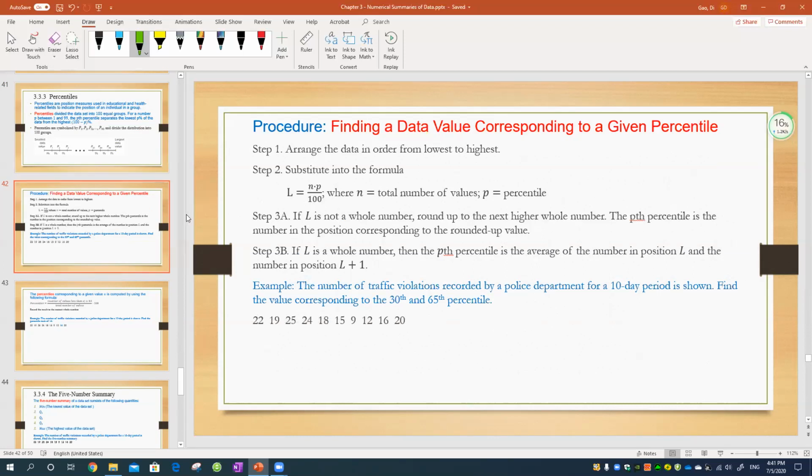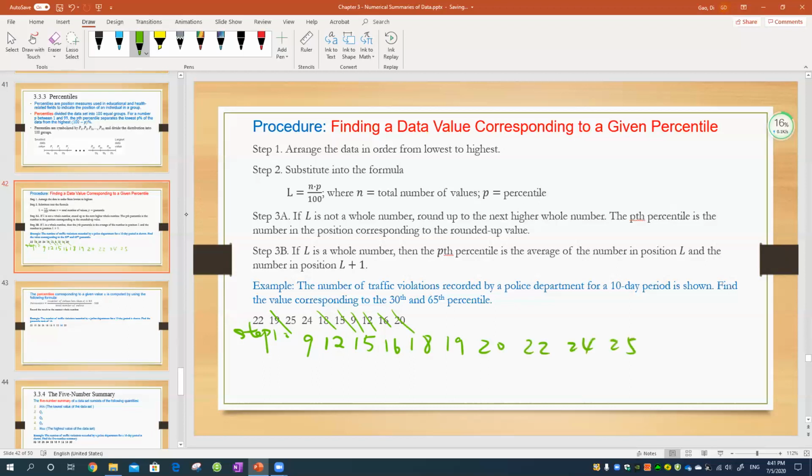So first, step 1, we're going to sort the data from the smallest to the largest. 9, 12, 15, 16, 18, 19, 20, 22, 24, 25.